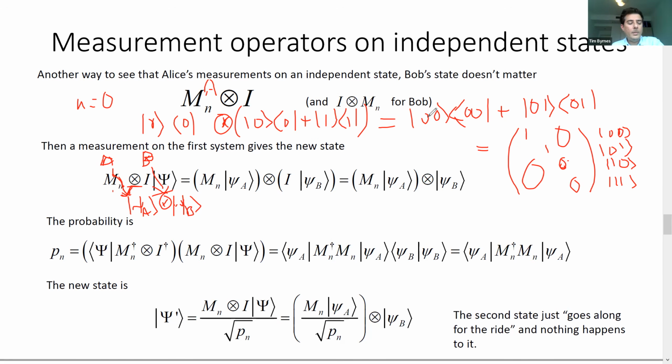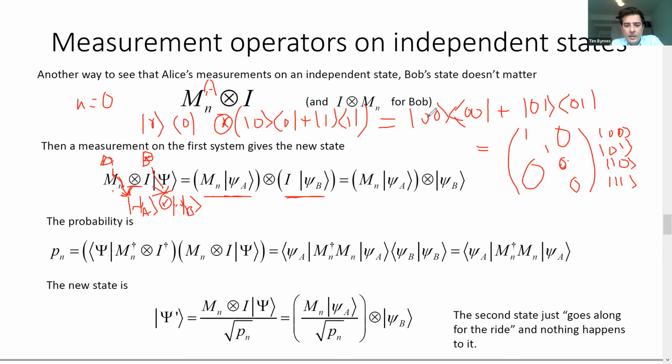Sorry, my pen doesn't really work super well, so I hope you can still read it. And so when you apply the measurement operator to this state here, you'll get this measurement operator applied to Alice's state, the identity operator applied to Bob's state, and of course the identity times any state is just the same.